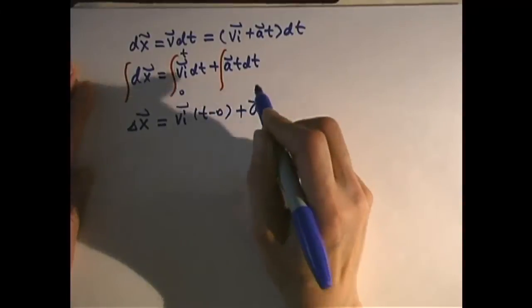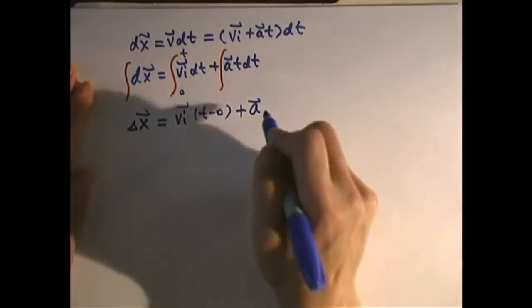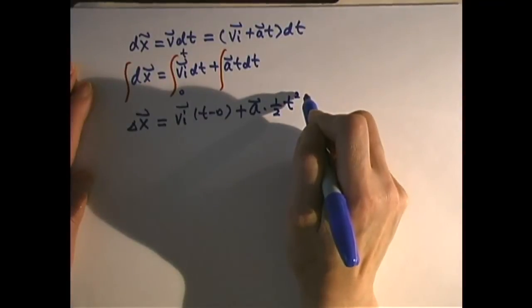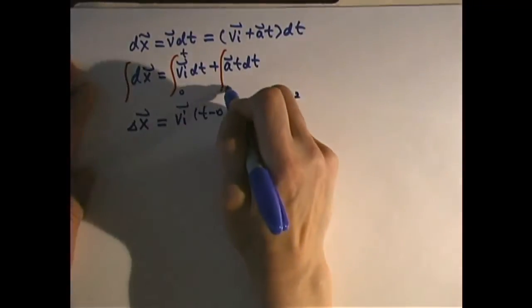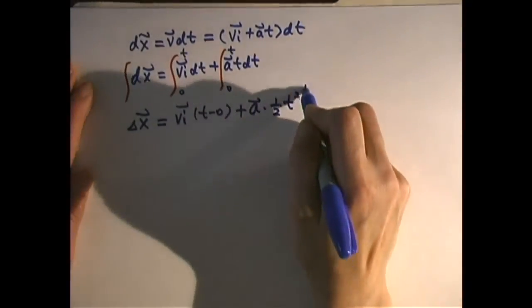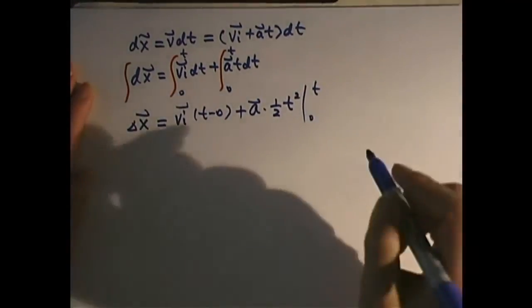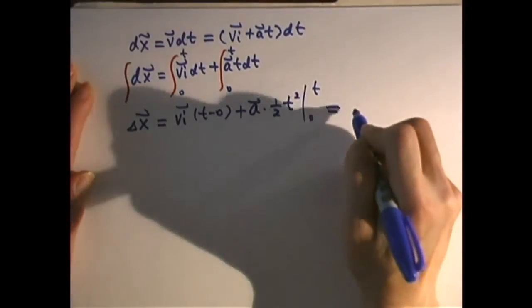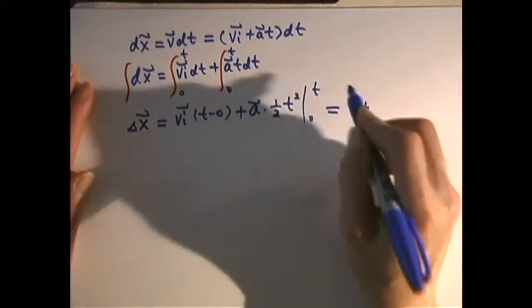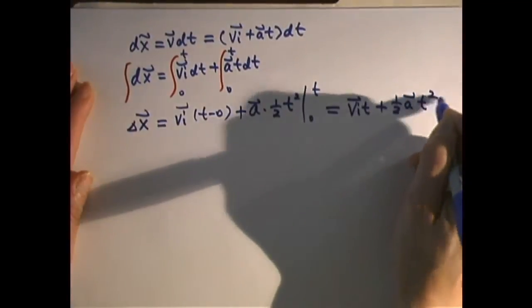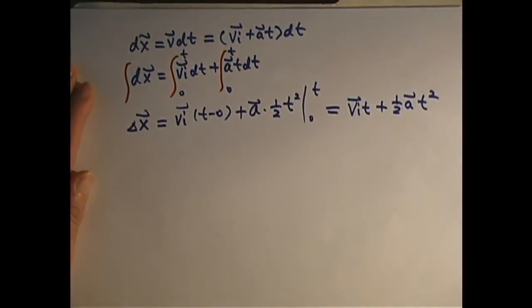Now a comes out. T dt integral comes out as 1/2 t squared, for t from 0 to t. So if we reorganize that, our first term is v initial t, second term plus 1/2 of a t squared.